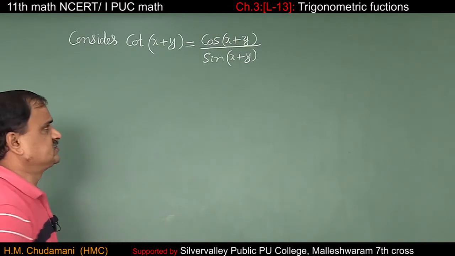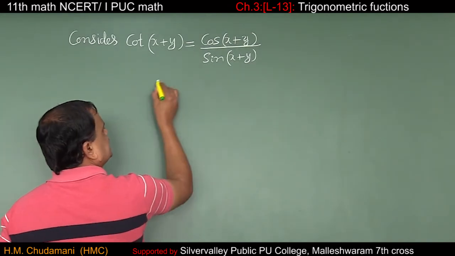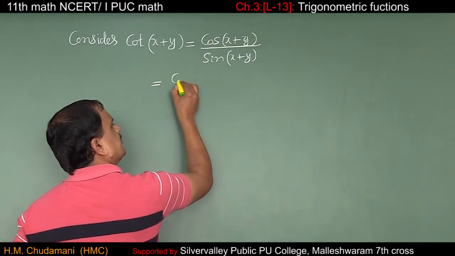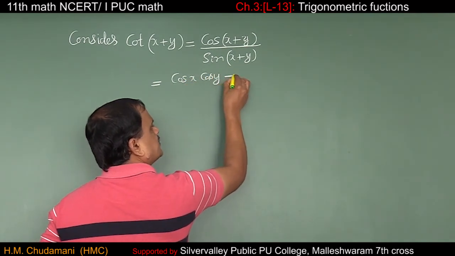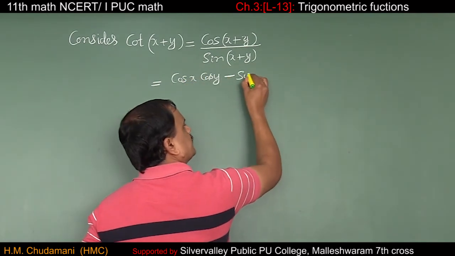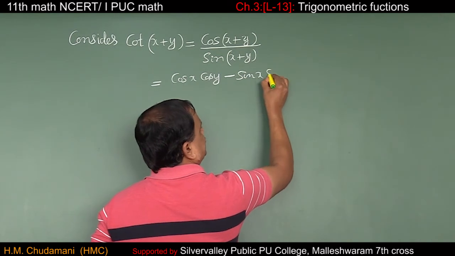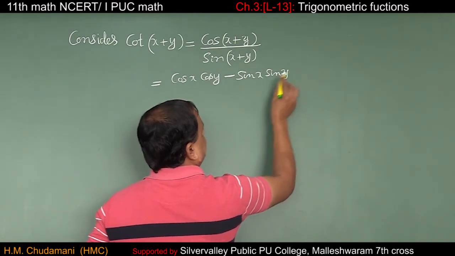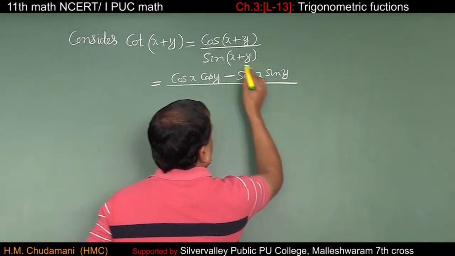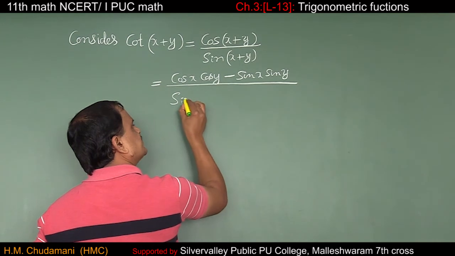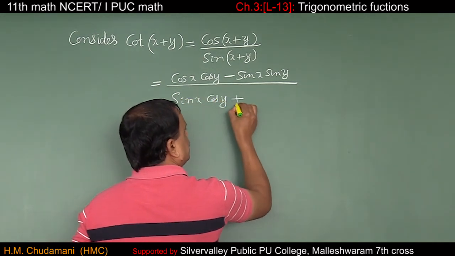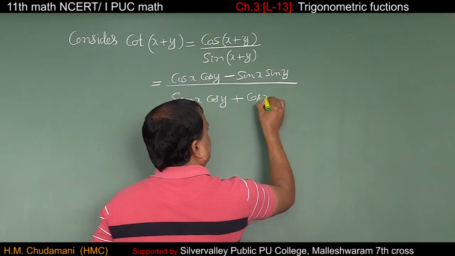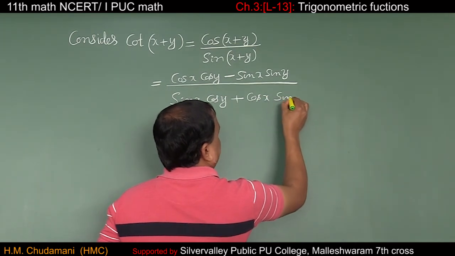So what is cos of x plus y? Cos x cos y minus sin x sin y, divided by sin of x plus y, which means sin x cos y plus cos x sin y.